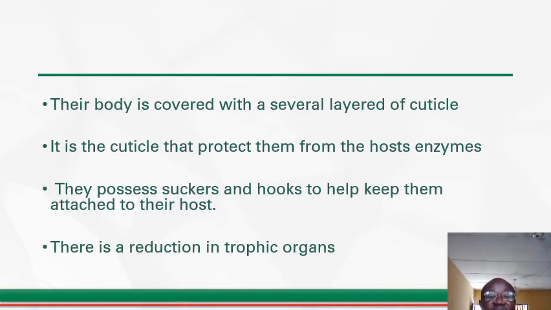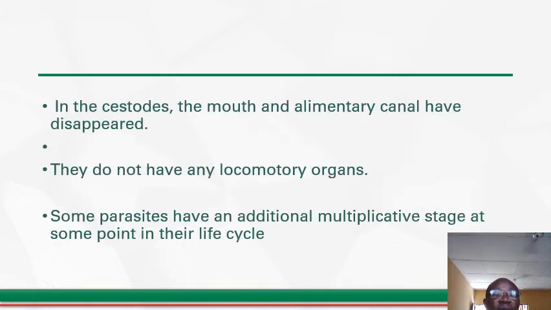They possess suckers and hooks, and these keep them attached to their host. There is a reduction in the trophic organs of Taenia. In cestodes generally, the mouth and the alimentary canal have disappeared, and they do not have any organs of locomotion.